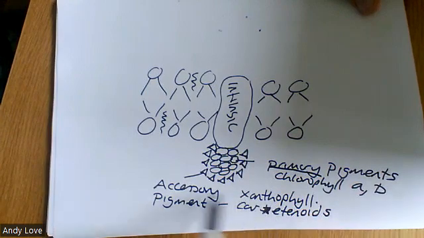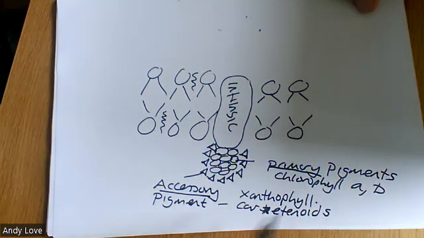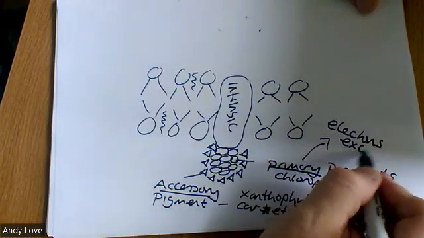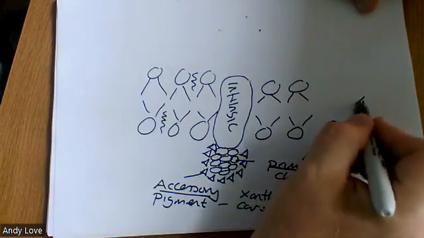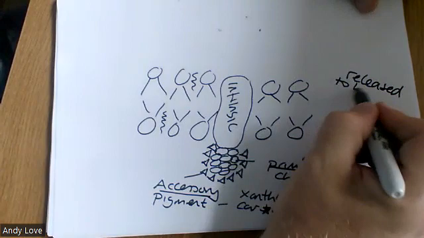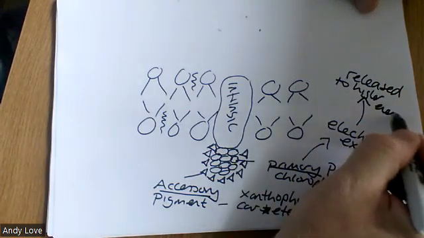Now, there's a big difference between primary and accessory pigments, because primaries get their electrons excited when light hits them, and those electrons are released to a higher energy level.